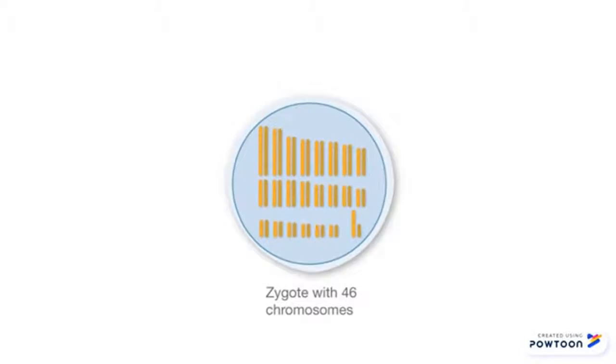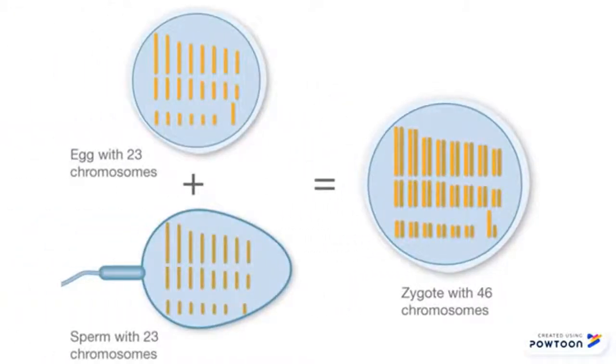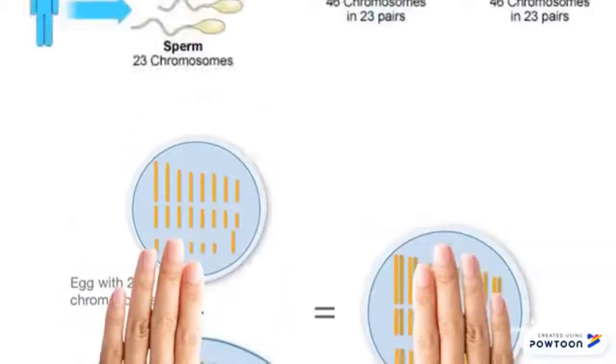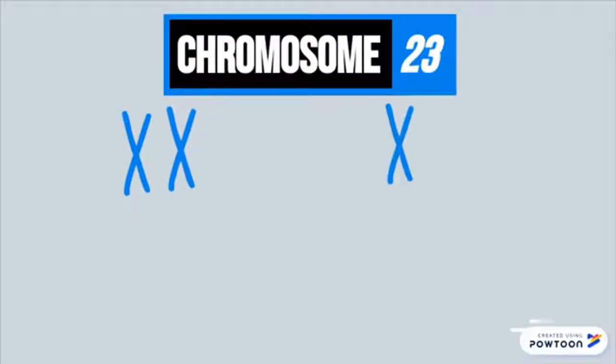Most of our cells contain 46 chromosomes. Sperm and egg cells contain only 23 chromosomes. When the sperm and egg cells unite, the resulting living thing that we know as a fetus inherits half of its DNA recipe from its mother and half from its father. Two of these 46 chromosomes determine the sex of a person.